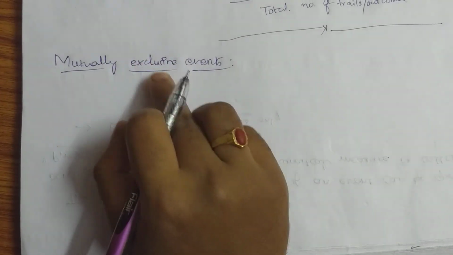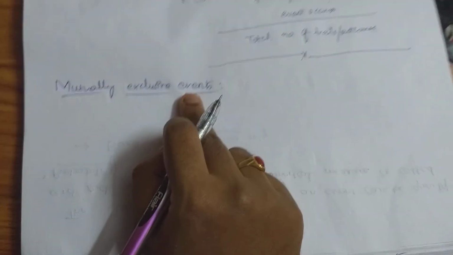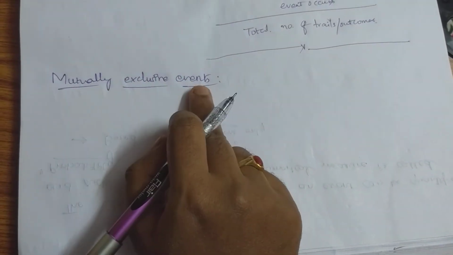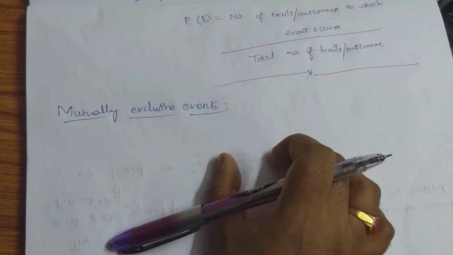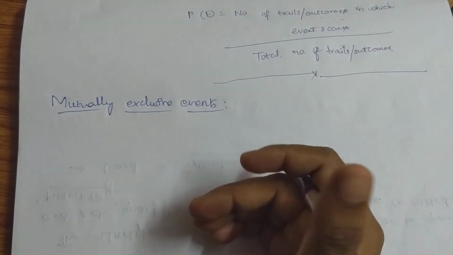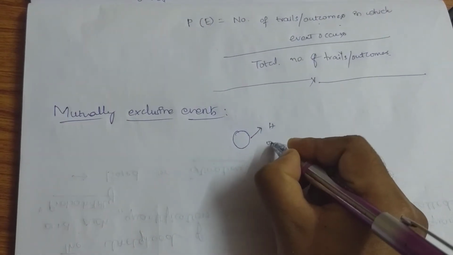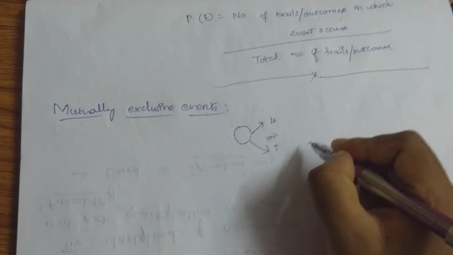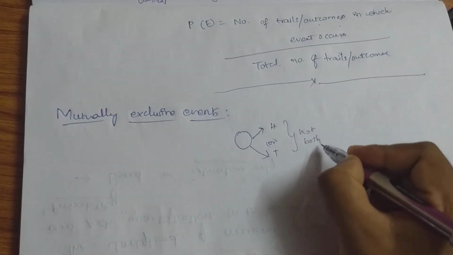Now, mutually exclusive events. What is meant by mutually exclusive events? They are events where the occurrence of one event prevents the occurrence of another. Suppose when you toss a coin, you will get either heads or tails, but not both.